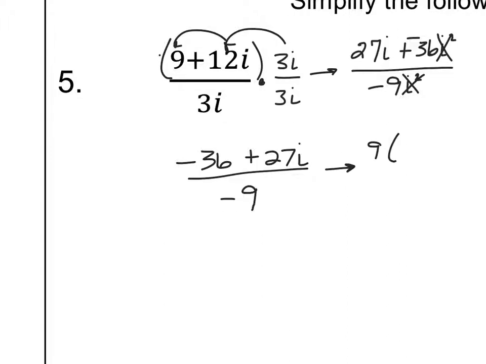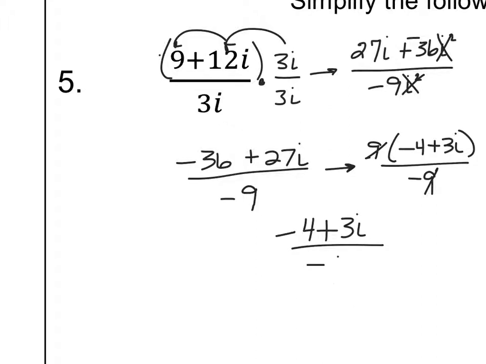So if I take a 9 out, I end up having negative 4 plus 3i all over negative 9. And now my 9s can cross out. So now it's negative 4 plus 3i all over negative 1. And we can leave it just like that. Okay? You won't see a lot of problems where you have to simplify like that.